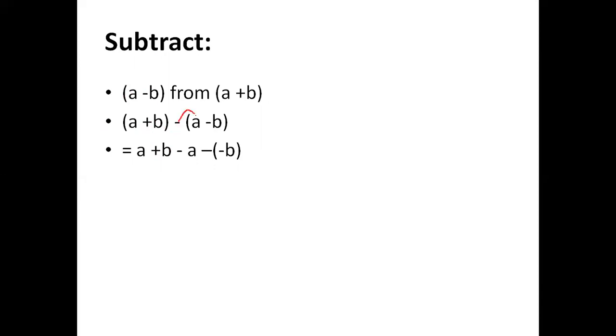So minus a will come, and here minus of minus b. Now children, we had just learned that if we have minus into minus, we will get plus. I will get a plus b minus a plus b.